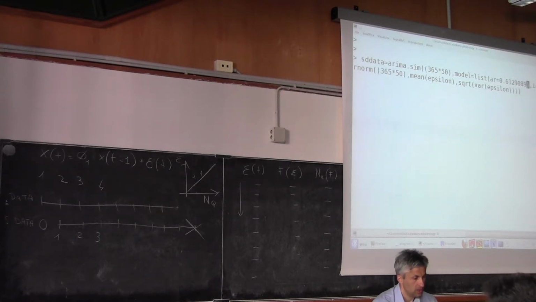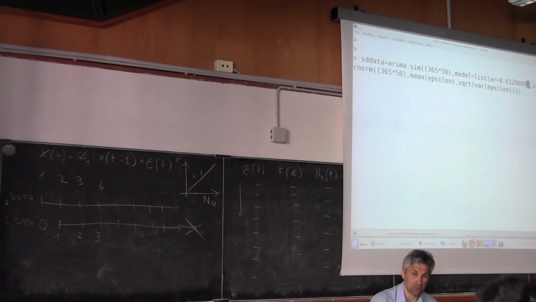Okay. And of course, if you give a vector of two numbers instead of a single number, it will generate from an AR2. If you just write AR equal one number, it assumes that there is only one autoregressive coefficient, and therefore that the model is an AR1.